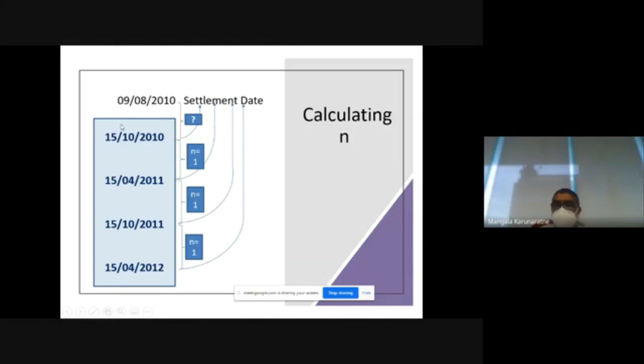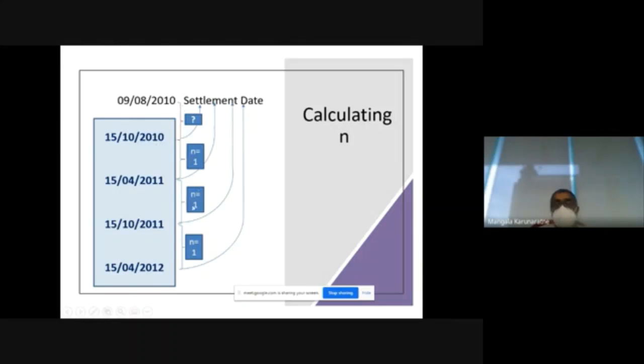The coupon is 15/10/2010, but our settlement is 9/8/2010. If you take this 15/10/2010 one, it won't come as 1N. Actually, it is a part of N, because if it is 1N, this date should be 15/4/2010, because 1N is for one coupon period, no? So for this period we have a challenge here.